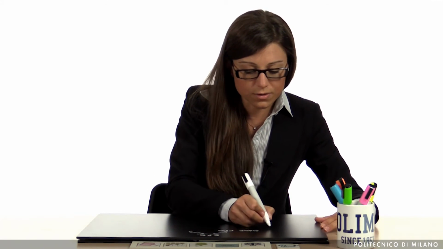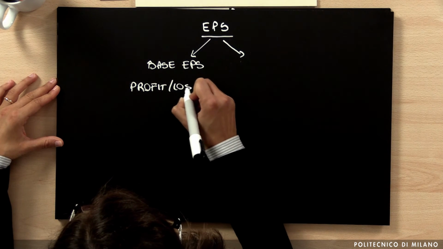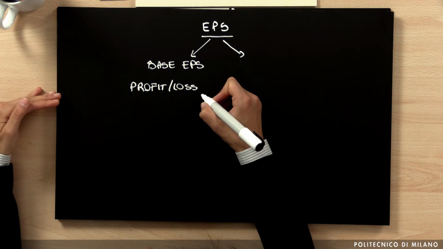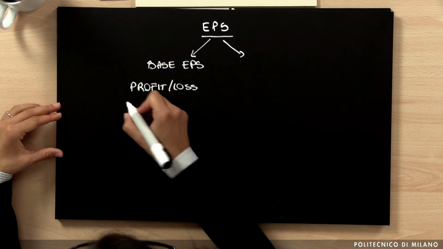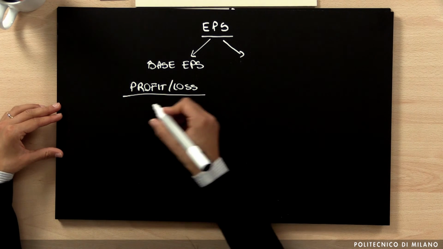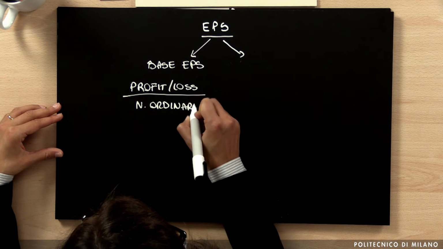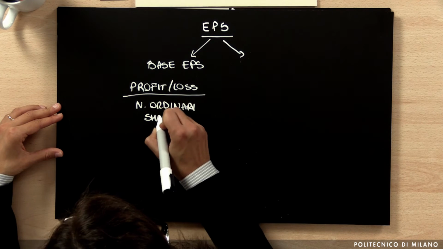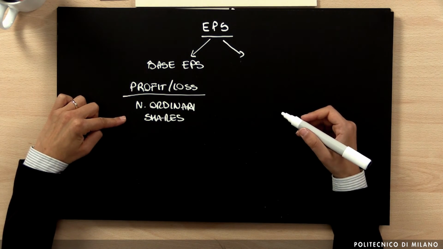It is calculated by considering the profit or the loss of the year minus the preferred dividends, which are the dividends that are delivered to the shareholders that own the preferred shares, divided by the weighted average number of the ordinary shares. So if we divide the profit by the weighted average number of ordinary shares, we can find the unitary value of one share, which represents the amount of money that is delivered to one shareholder because of the ownership of the company.